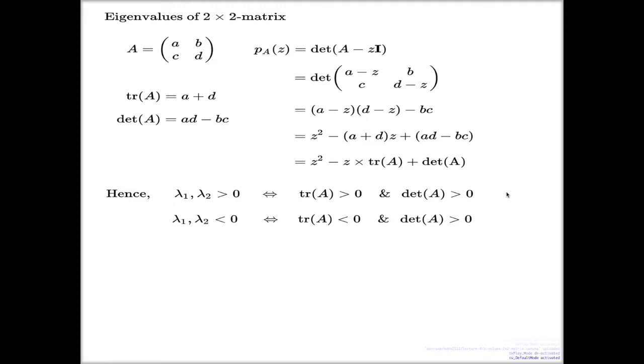If you have different signs, one eigenvalue positive, the other negative, say lambda 1 is positive and lambda 2 is negative. What should I say on this side in terms of the trace and determinant?